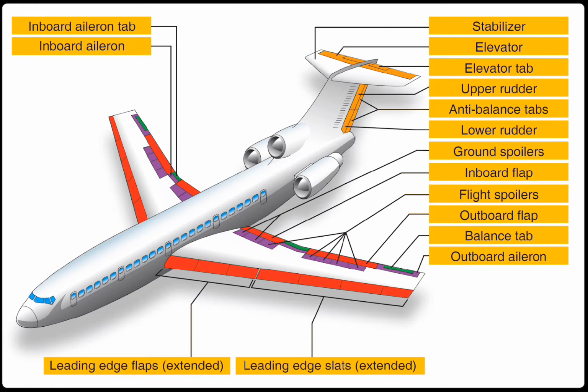Wing flaps and all the tabs: trim tabs, spring tabs, servo tabs, anti-servo tabs. Which flight controls are in the auxiliary group? Trailing edge flaps, slats, slots, speed brakes.